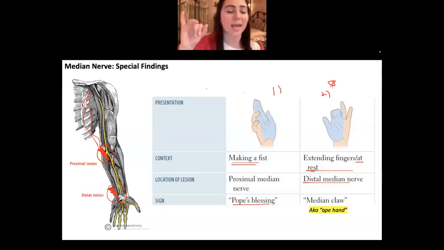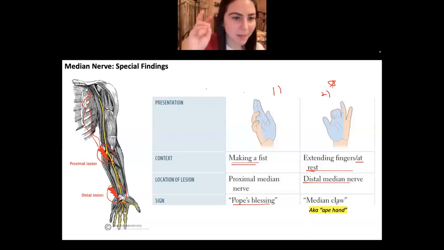Maybe you just take out what it's innervating in general. You take out the thumb, the pointer finger, the middle finger, and half of the ring finger. Then you ask them to extend, or you're just looking at the hand at rest, and this is how it looks.